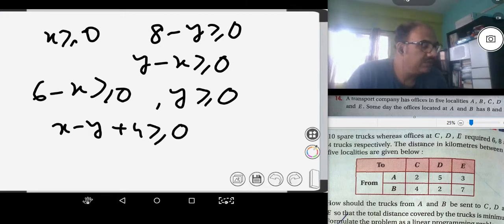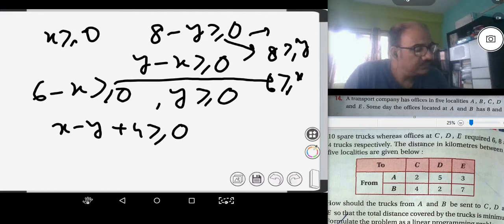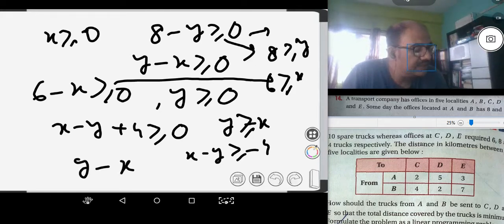So if you simplify, from this we get 8 is greater than or equal to y, from this we get 6 greater than or equal to x, y is greater than or equal to x, and x minus y greater than or equal to minus 4, or if you multiply by minus, y minus x is less than or equal to 4.